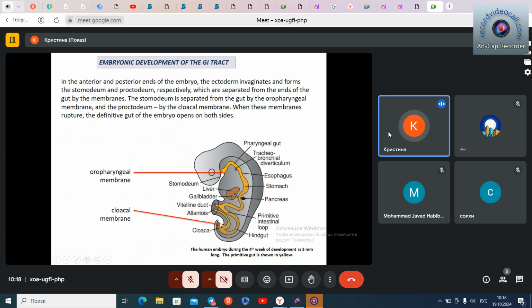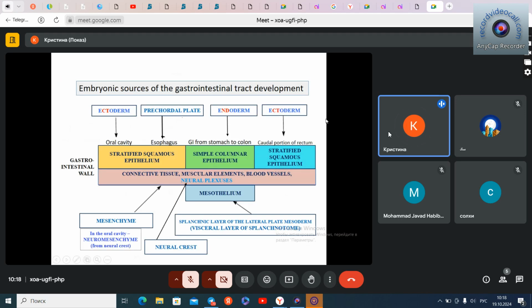Further, the oropharyngeal and cloacal membranes will rupture, and the definitive gut of the embryo will be opened on both sides.